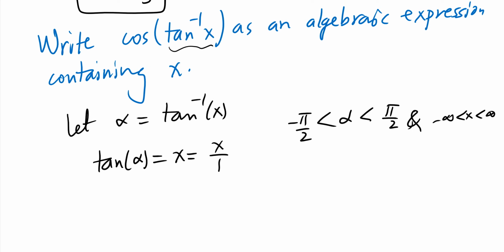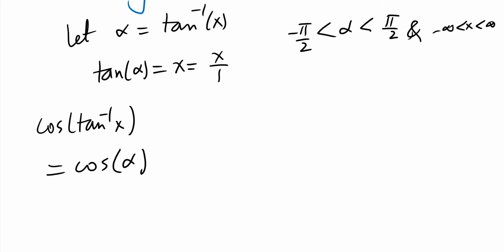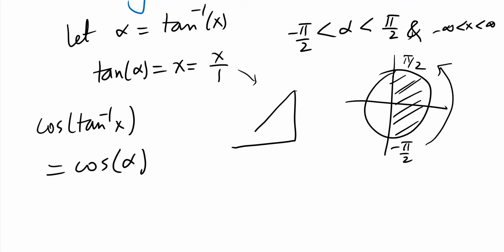So what are we asked to find? Cosine of tan inverse, which is cosine alpha. And how do I find cosine alpha? Well, I'm working in the interval negative pi over 2 to pi over 2. From this, I can construct the right triangle. Tangent is opposite over adjacent, so the hypotenuse is square root of 1 plus x squared.